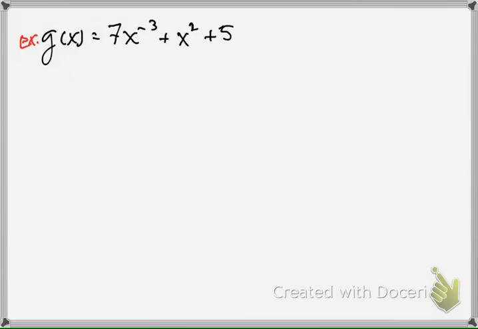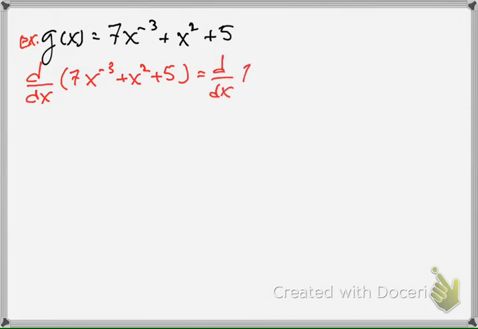Now we're going to look at several examples using both of these principles. So let's look at this example. g of x is equal to 7x to the negative 3 plus x squared plus 5. To take the derivative of this, we can write d/dx of this function g of x. Keep in mind, there's several different ways we can write this. Now the sum and difference rule says I can take the derivative of each one of these pieces individually.